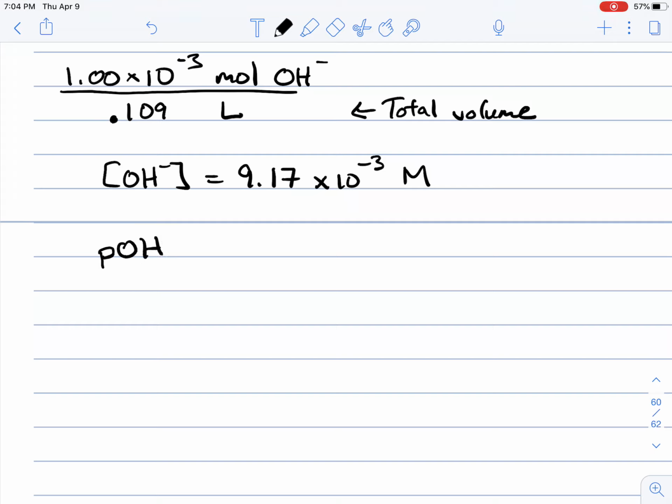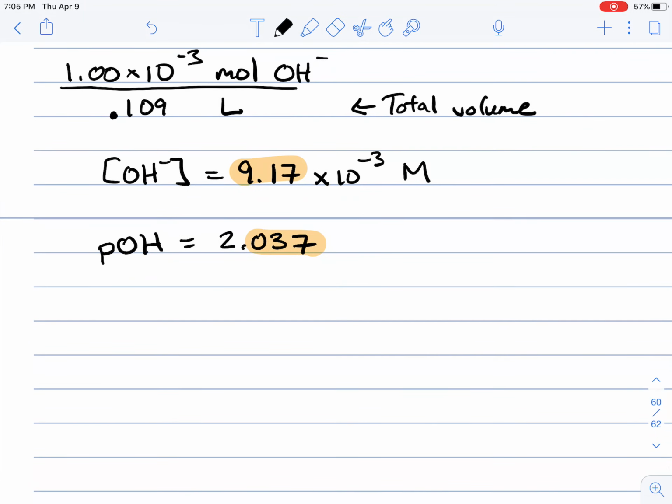By now you guys should know the definition of pOH, and so I'm just going to go ahead and take the negative log of that number, and I am going to get 2.037. Okay. So notice I have 3 sig figs, 3 places after the decimal.